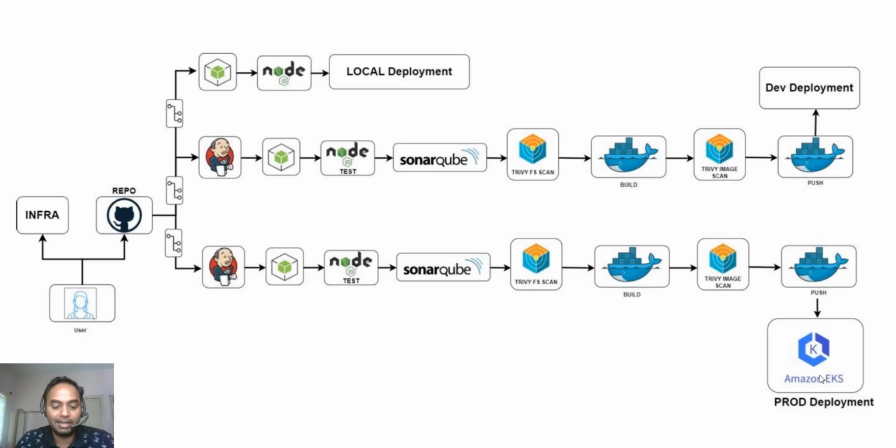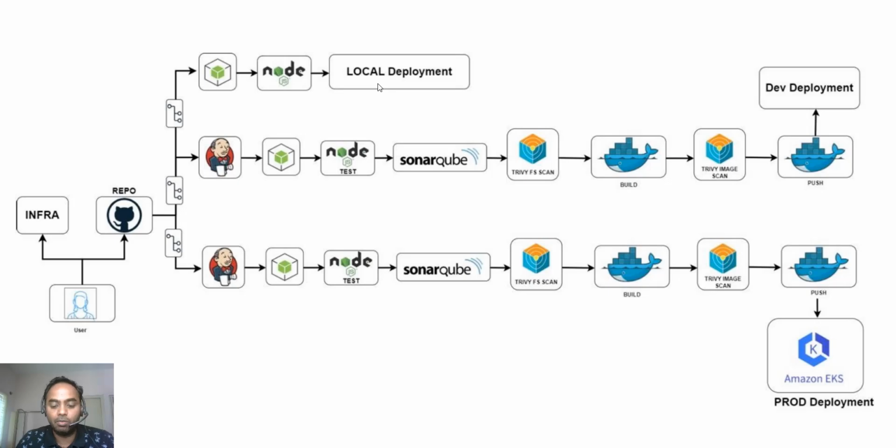The first thing the developer is going to do is build the application on their local laptop or local machine. For that, they first download the dependencies using Node.js and npm to deploy the application in the local environment.